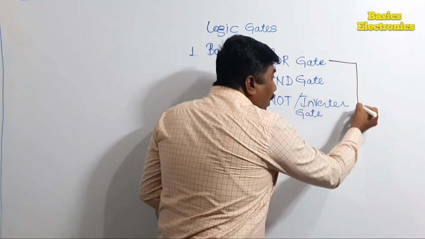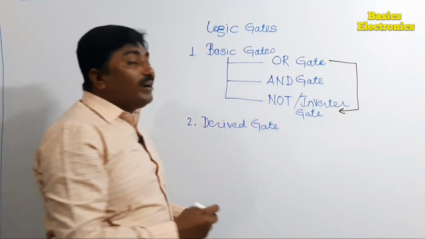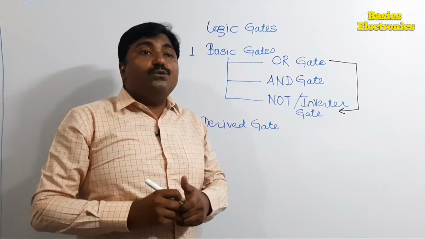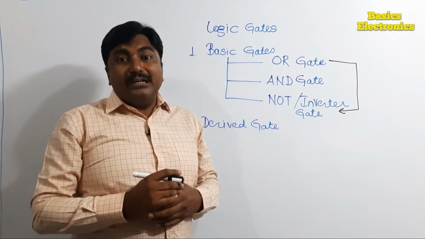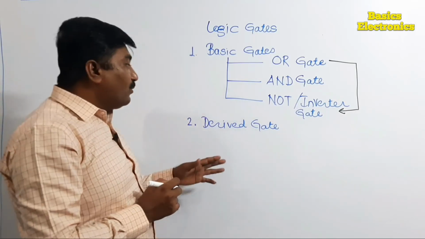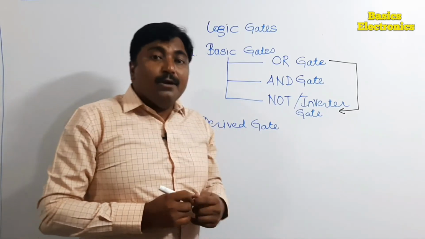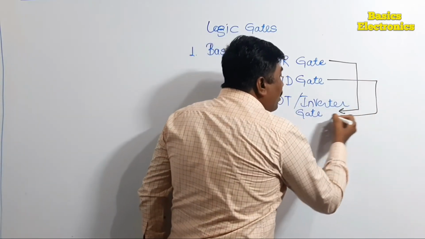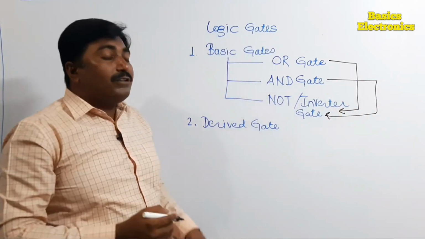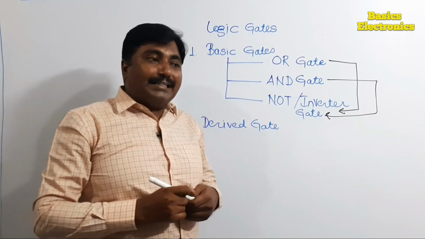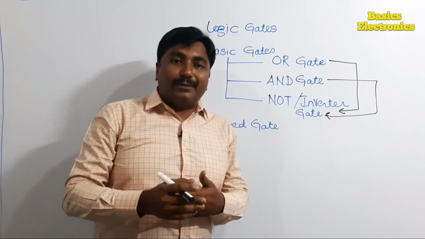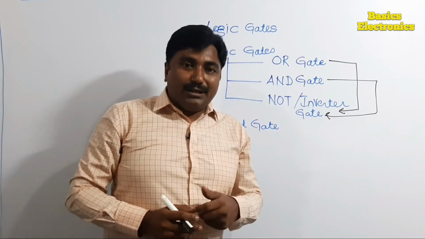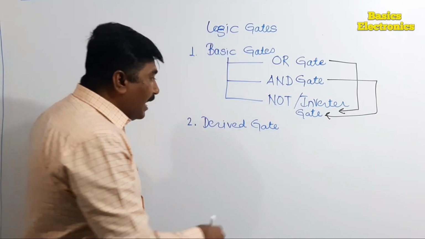When we use the OR gate and the NOT gate together, a new gate is formed. That new gate we call a derived gate. When we use the AND gate and the NOT gate together, that gate is also called a derived gate.